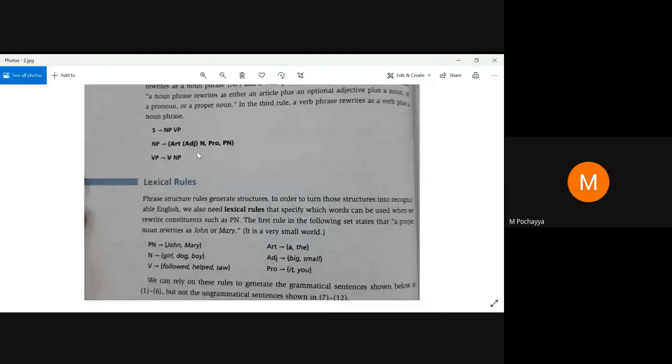Or else we can take another example. The good boy. In the place of John, we can write the good boy saw the big dog.